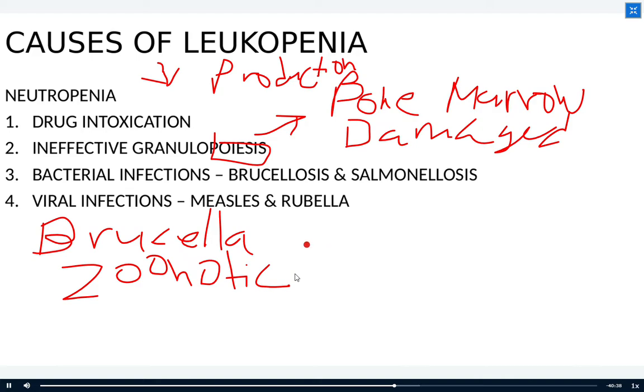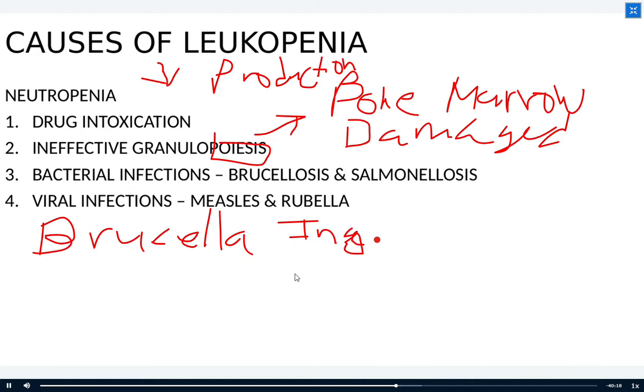Commonly, this would infect animals. Sa hayop lang talaga sila, class, dapat. But they could transmit it to humans. Now, your brucella, class, could infect humans via two ways. Ingestion and inhalation.